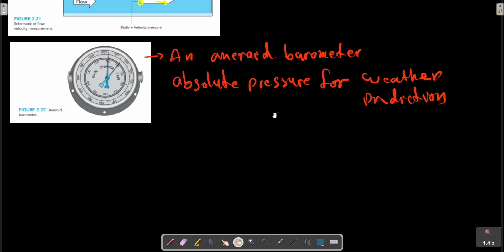Two types of devices commonly used in temperature measurement are thermocouples and thermistors.